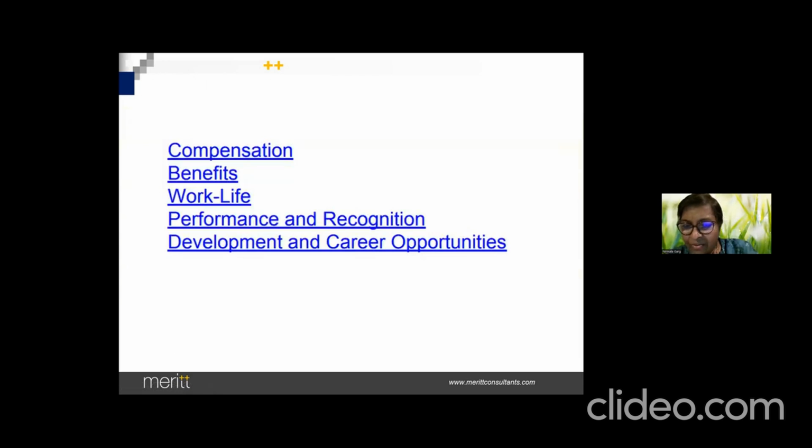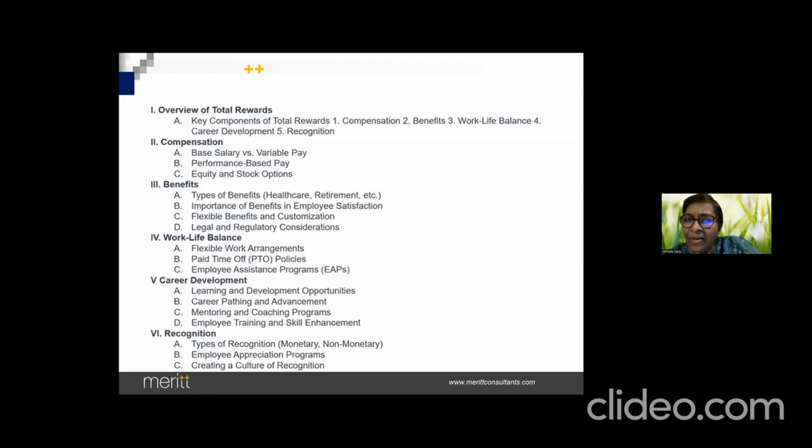Now just look at this. These are the 5 elements, and every element has certain things. I'm not getting really deep, just touching the surface, but there is sufficient reading material for you all to do. Compensation means base salaries, variable pays, etc. Then benefits, all the kinds of benefits, whether healthcare, employee satisfaction, flexible benefits, then work-life balance, career development, recognition.